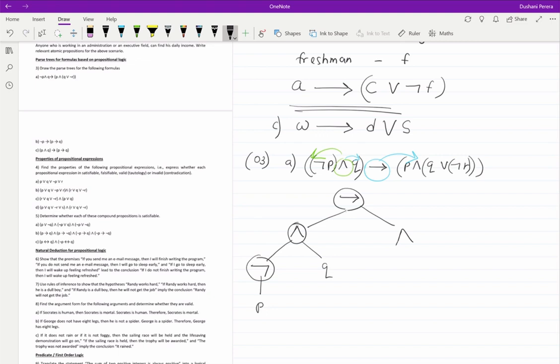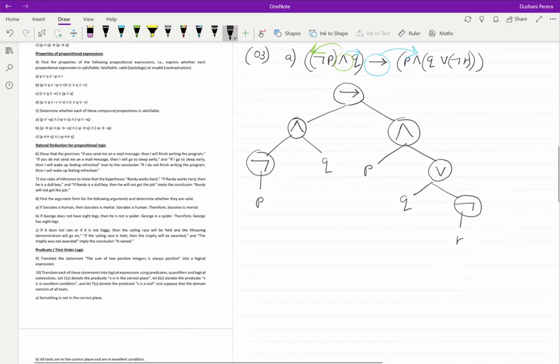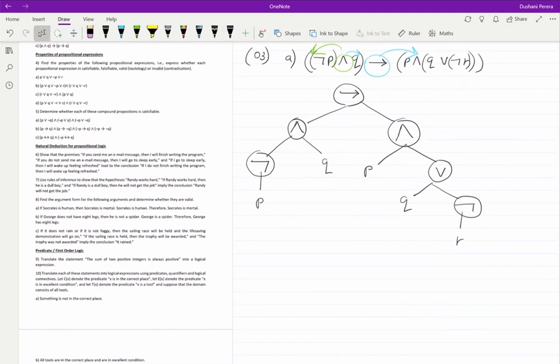Towards the left side of the AND we have P, and to the right we have an OR. The left of OR is Q, right is not R. This is how we draw the tree for the first part of the third question.